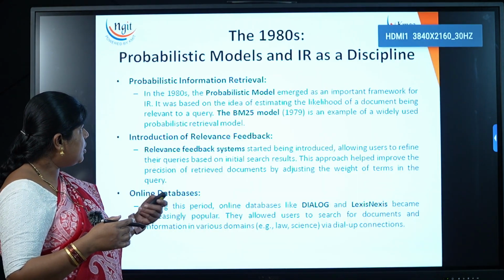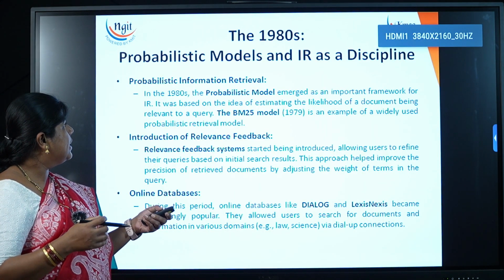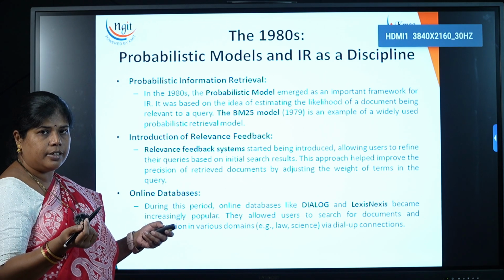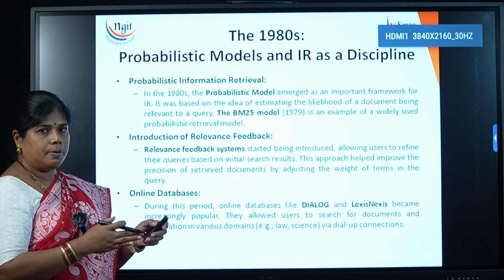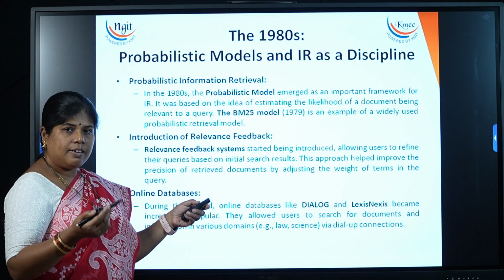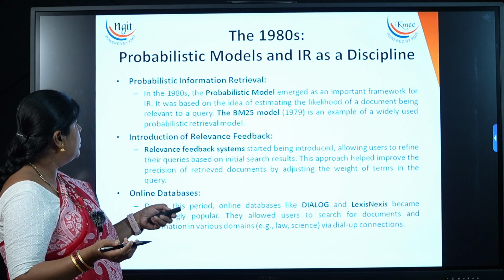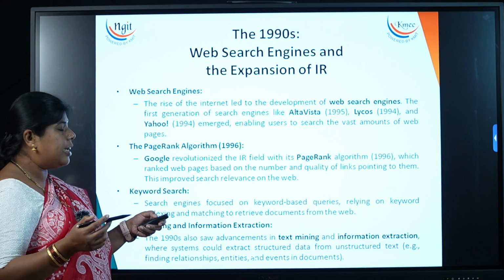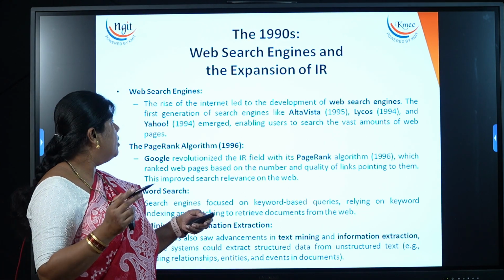Then came the probabilistic model in the 1980s. It is based on uncertainty, means how much it is possible, that probability is decided, and here relevance feedback was taken into account. Then in the 1990s web search engines like Google and Yahoo were invented.